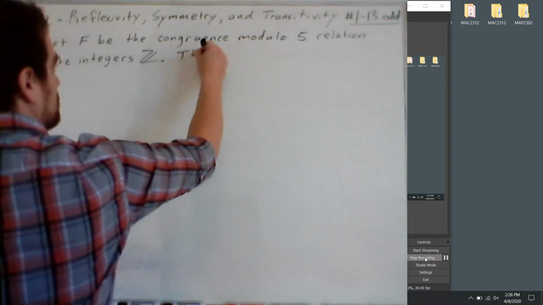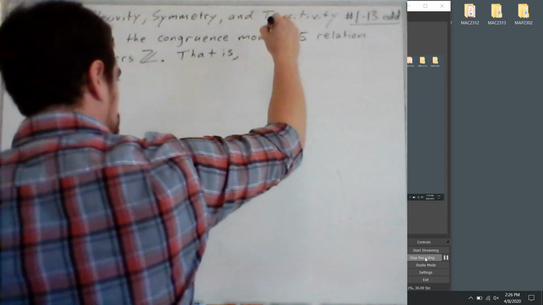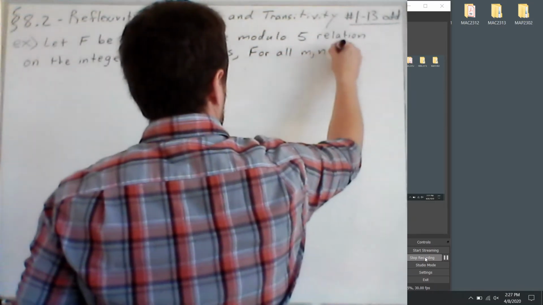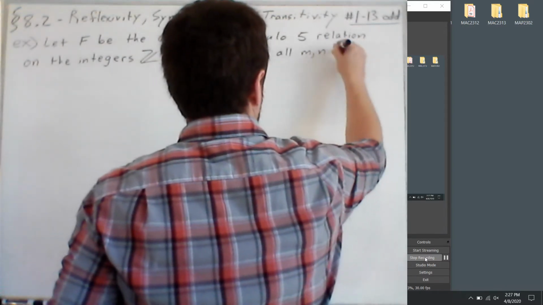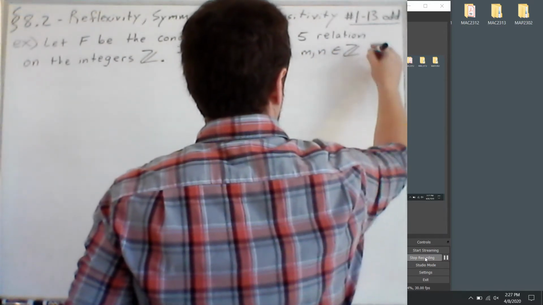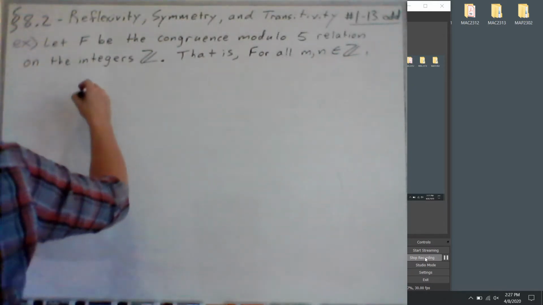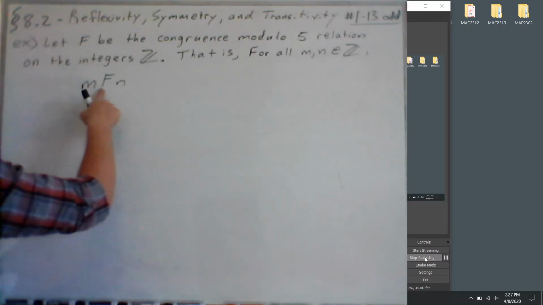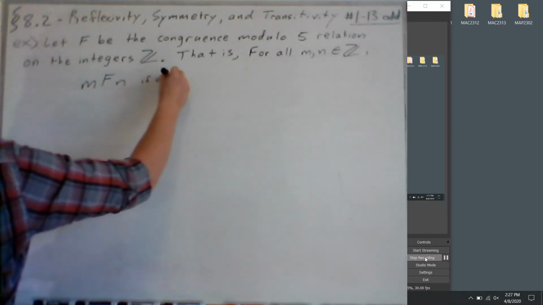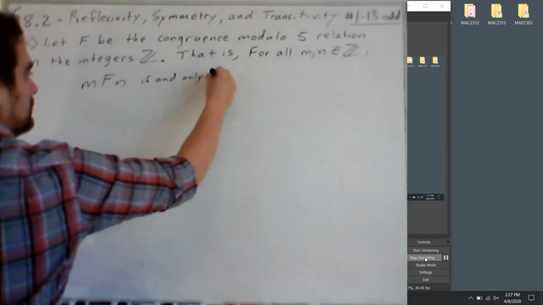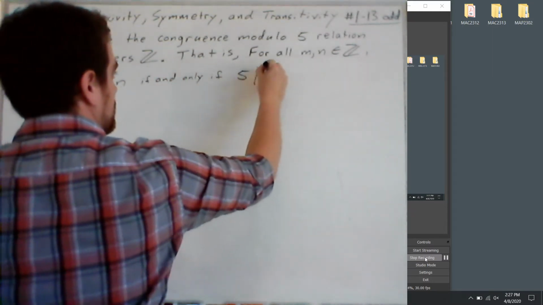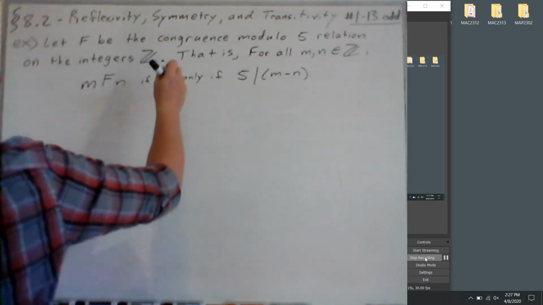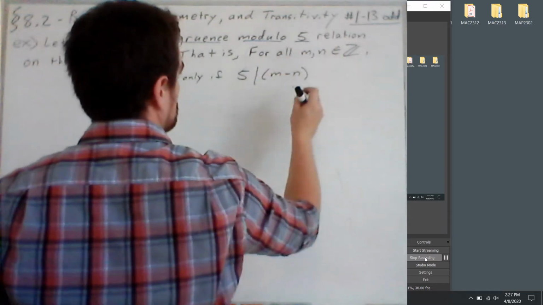That is to say, for all m and n in the integers ℤ, m is related to n through F if and only if 5 divides m minus n. This is what we call the congruence mod 5 relation.